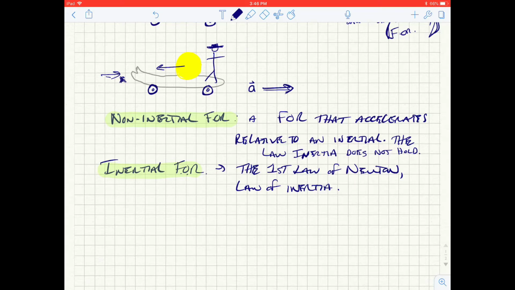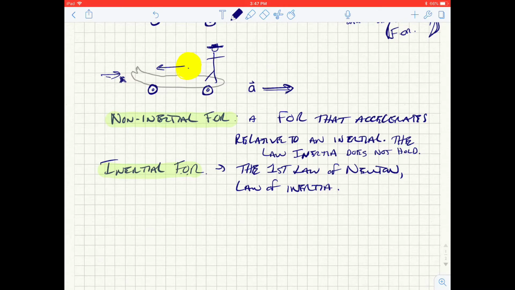Now, it all kind of makes sense, though, if you look at the whole accelerating frame of reference from a perspective that is stationary, because all you really see is that the yellow ball in this case is just trying to stay at rest. It's trying to stay where it is, and it's the skateboard, the frame of reference, that is accelerating away from it.